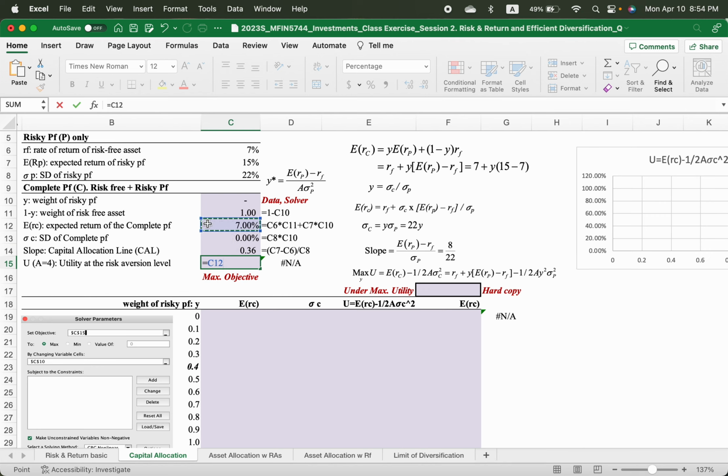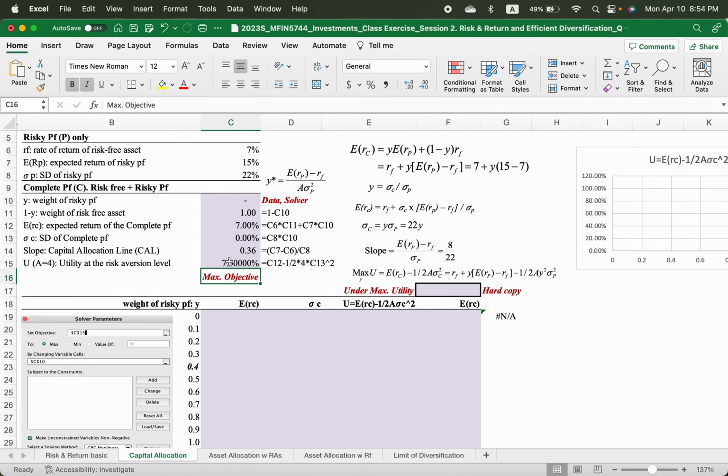Seven minus 1 divided by 2 times the risk aversion level 4 times the standard deviation of the complete portfolio to the power of 2. So now we have this 7, right?